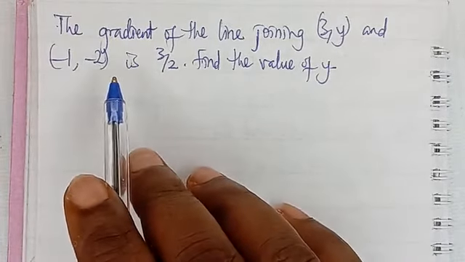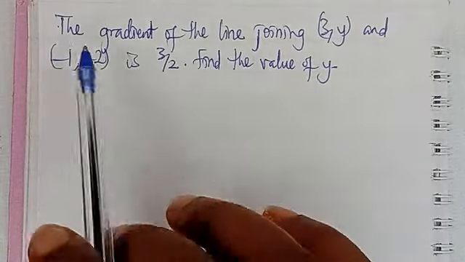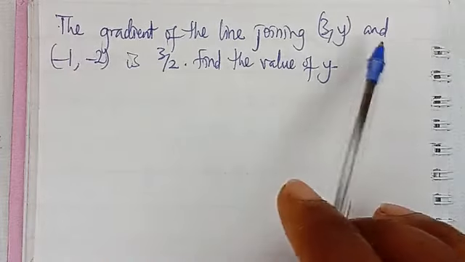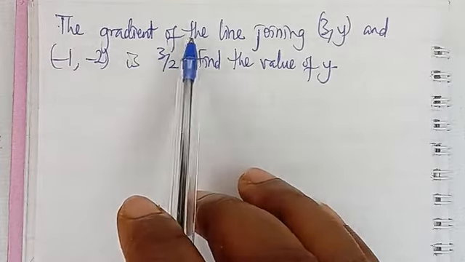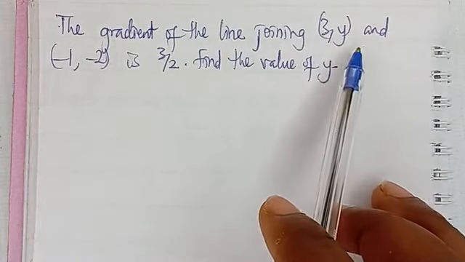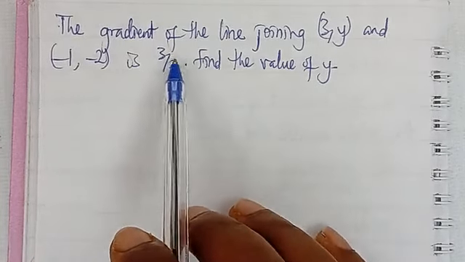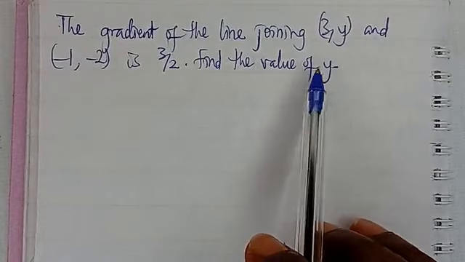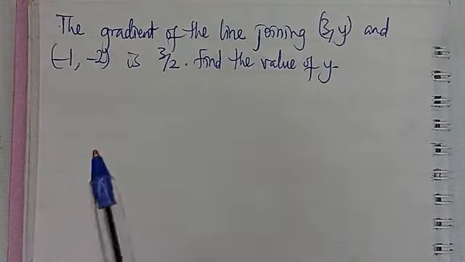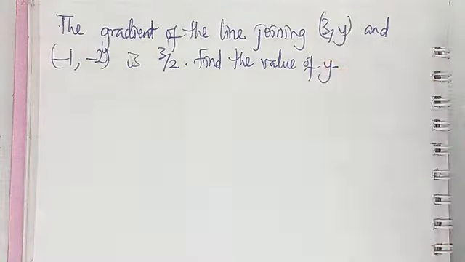Okay, so we can actually see that solving for gradients of straight lines is one easy thing to do. Now let's look at this question. We have that the gradient of the line joining the points (3, y) and (-1, -2) is equal to 3 over 2. Find the value of y. Okay, so this is just a little tweak in the question. It's still the same thing.